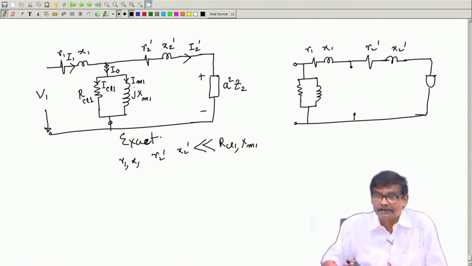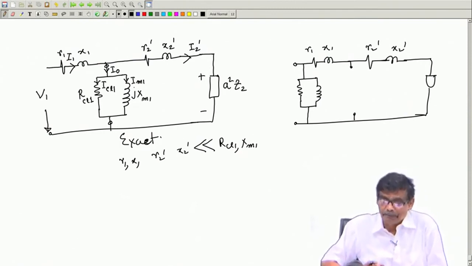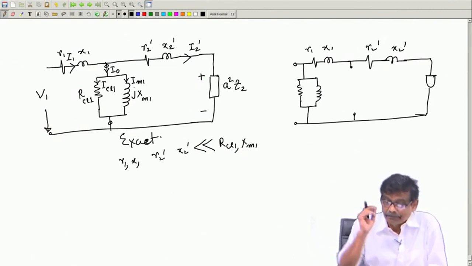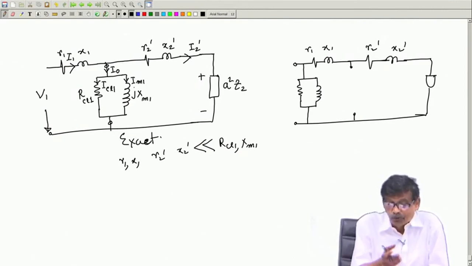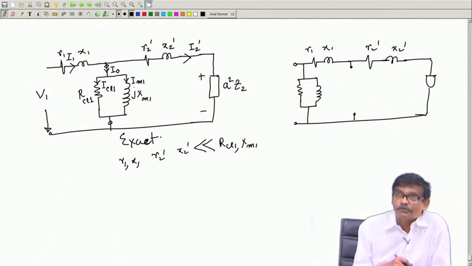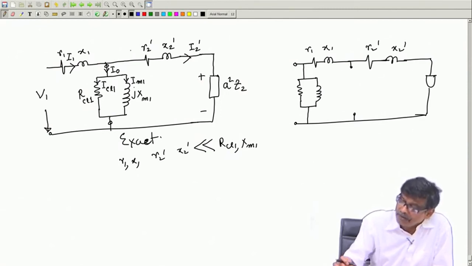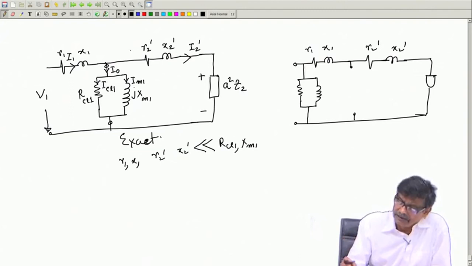For a well designed transformer, I will presume that whoever has designed this transformer must have kept in mind that core loss should be made as small as possible, magnetizing current should be made as small as possible, which indirectly means that RCL 1 is high and XM 1 is high. If that be the case, this being smaller, you forget about this branch and show it on this side.